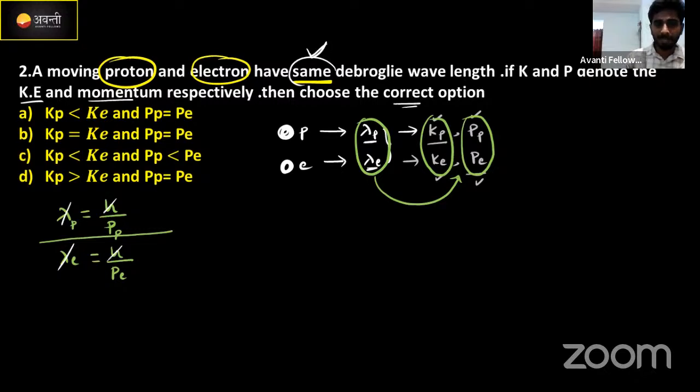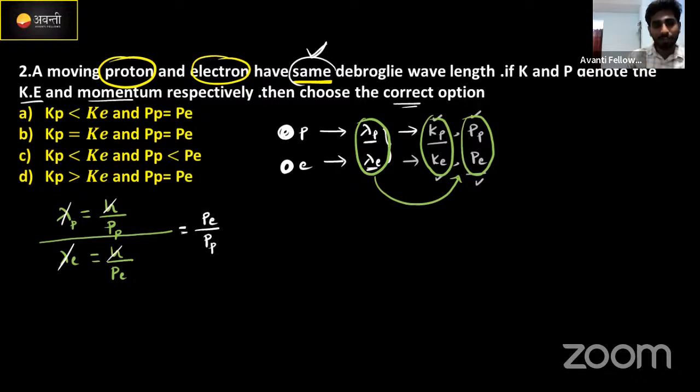Here 1 by pp, the momentum of the proton, 1 by the momentum of the proton. This ratio comes with the momentum of the electron in the numerator.